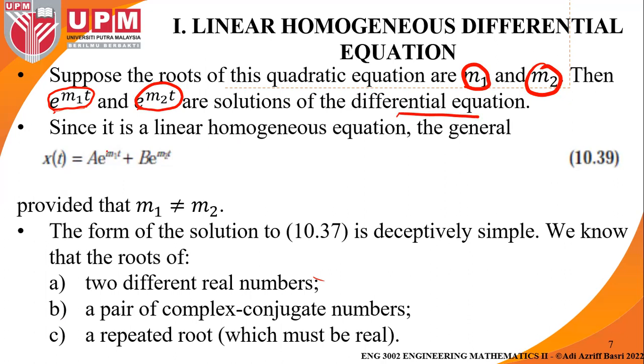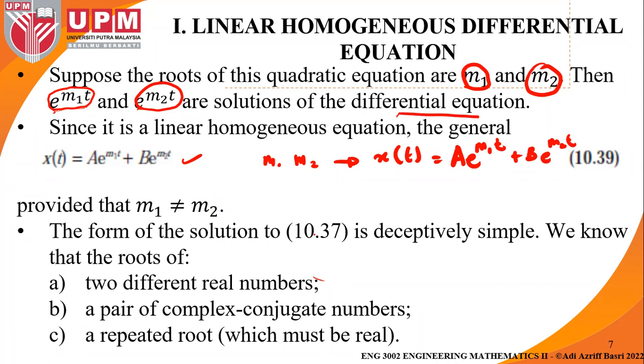Since the equation is linear homogeneous, the general solution becomes x(t) equal to a e^(m1 t) plus b e^(m2 t), where a and b are constants. The real numbers m1 and m2 must not be the same. So if you have different roots m1 and m2, you can use this equation.